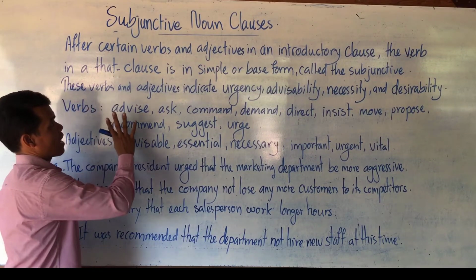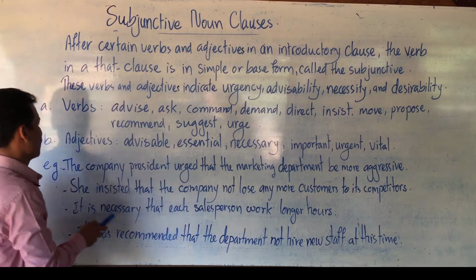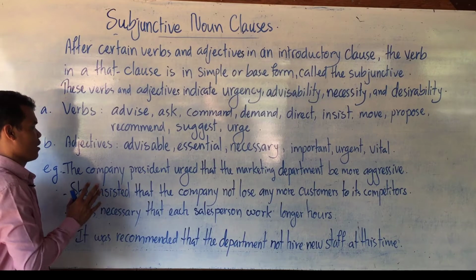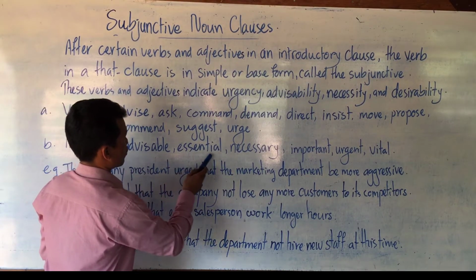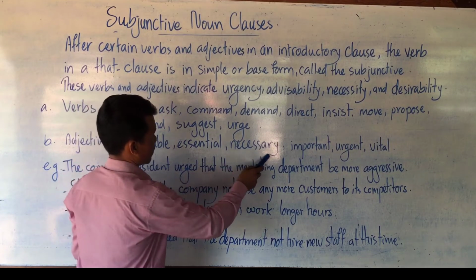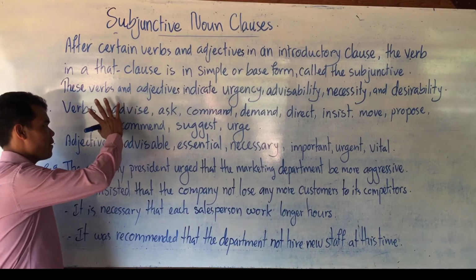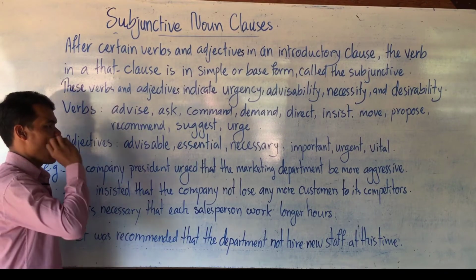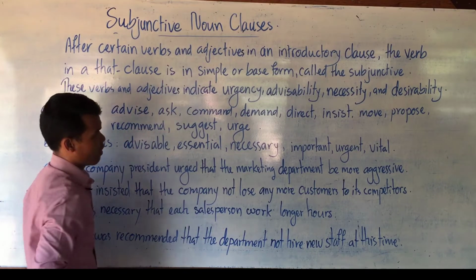These verbs are used in our subjunctive noun clauses. How about adjectives? What are the adjectives? Advisable, essential, necessary, important, urgent, vital. These verbs and adjectives are really important in our subjunctive noun clauses.